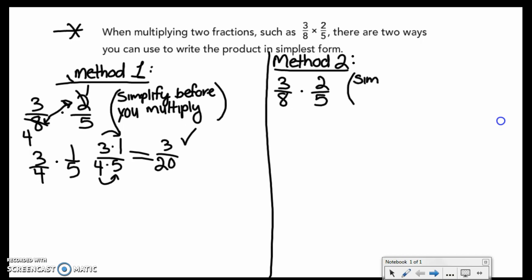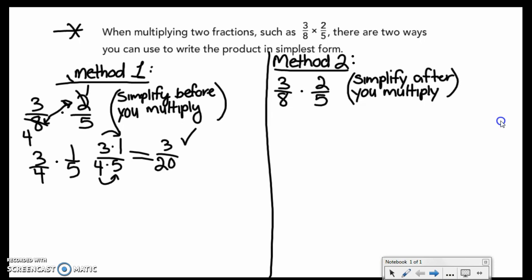Simplify after you multiply. We all like to rhyme. So instead of simplifying before you get anywhere, you're going to simplify very, very last.